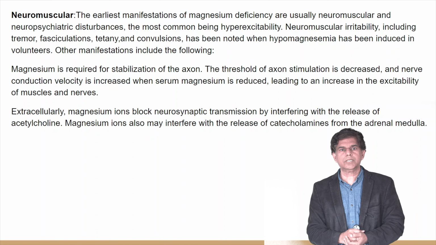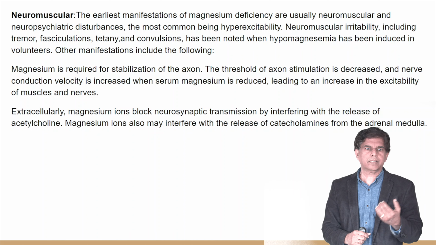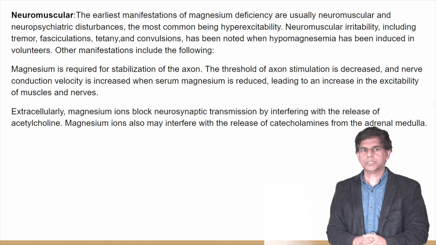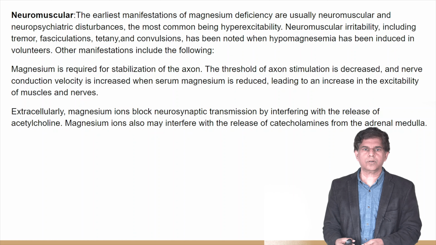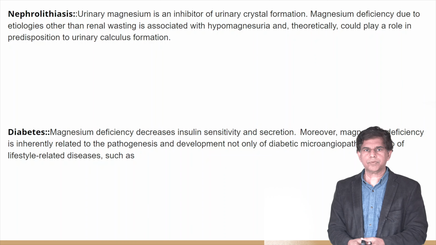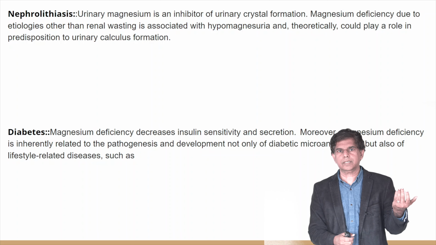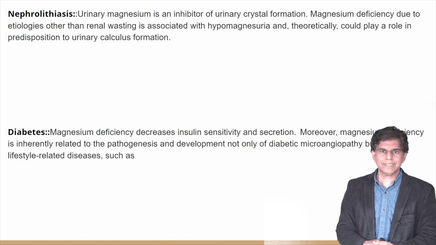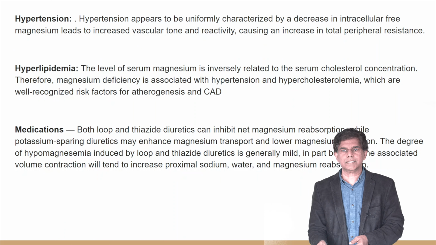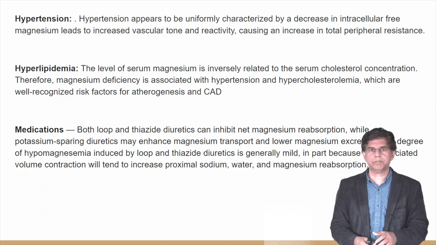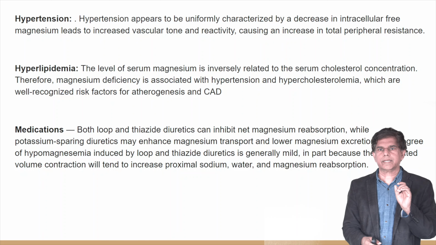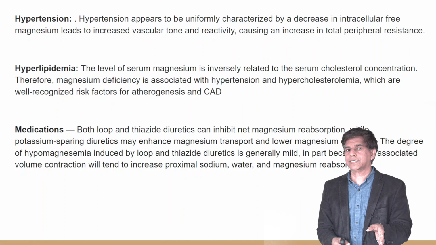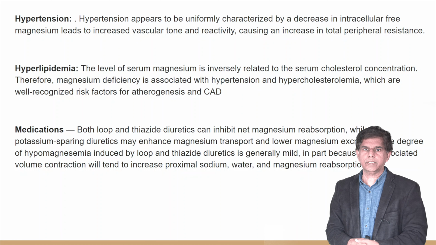Extracellularly, magnesium ions can block neurosynaptic transmission and the release of acetylcholine, and a lot of other things. Nephrolithiasis: magnesium is an inhibitor of urinary crystal formation. Diabetes: magnesium deficiency decreases insulin sensitivity. And hypertension appears characterized by a decrease in intracellular free magnesium, leading to increased vascular tone and reactivity.